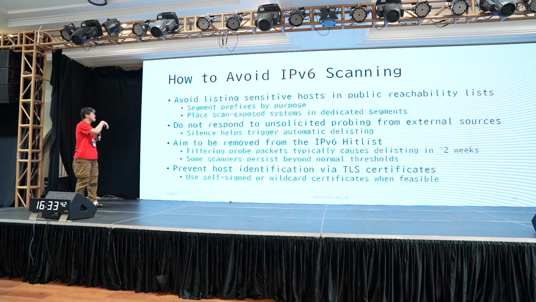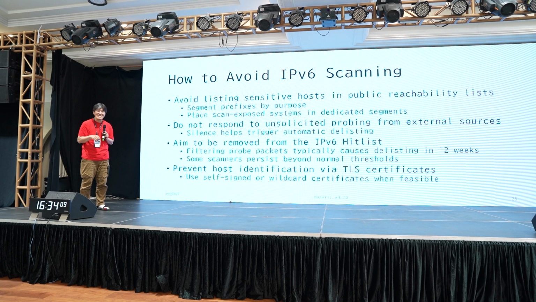And do not respond to unsolicited probing from external sources, right? Silence helps trigger automatic delisting, right? Also, once you're aware that your address is in the hit list, try to delist by blocking the incoming packets.